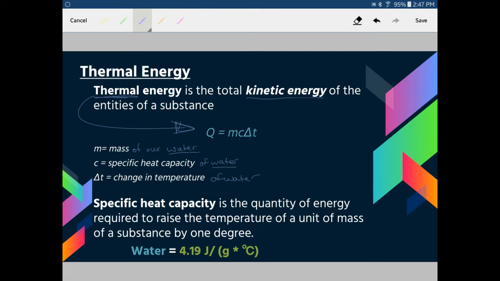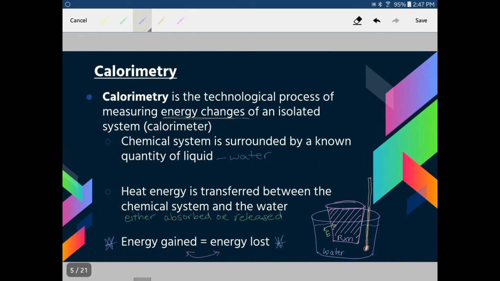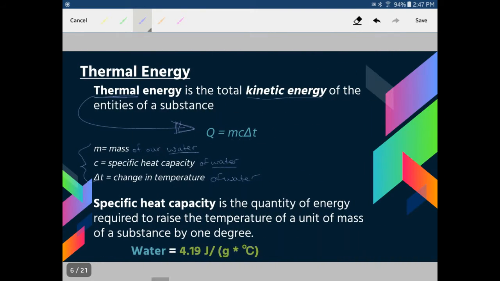So notice that these three variables are referring to the outside part of our calorimeter. So if we jump back to our image here, any variables that affect this part are equal to Q. Anything that is changing the temperature of this water here is going to be, again, Q, and Q equals mc delta T.